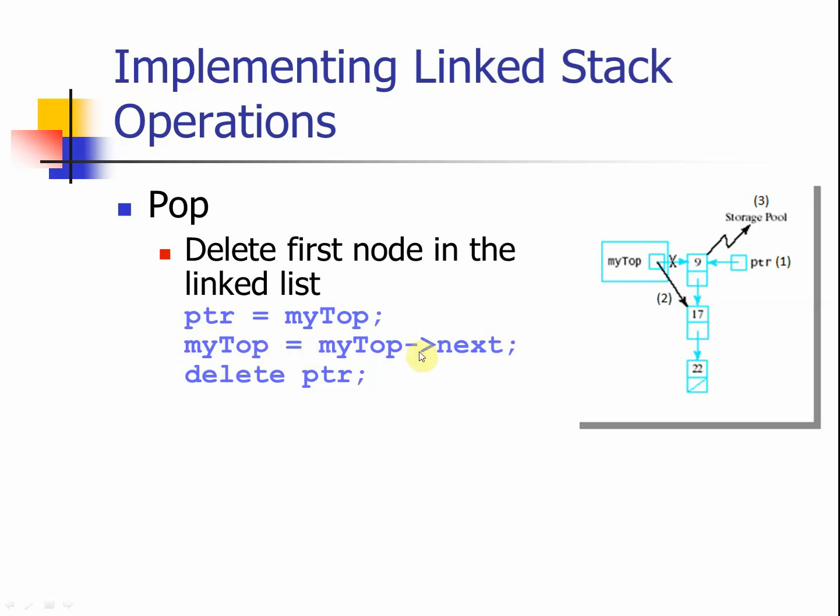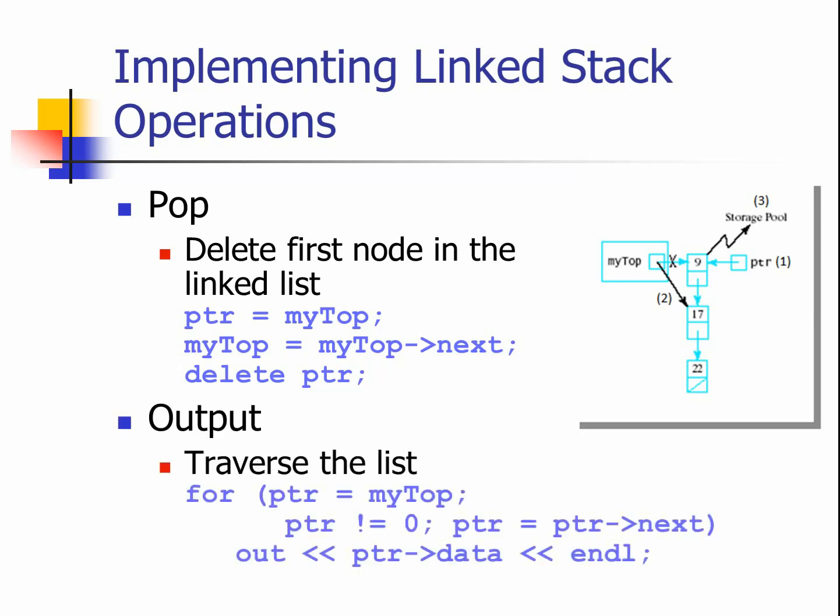So myTop is this one, myTop next is this one, so it will make myTop equal myTop->next. It's actually the same thing if you say myTop equals ptr->next, because myTop and ptr are at the same address right now. And all we need to do last is delete, free the space. So that is how we will be able to do the linked list implementation.